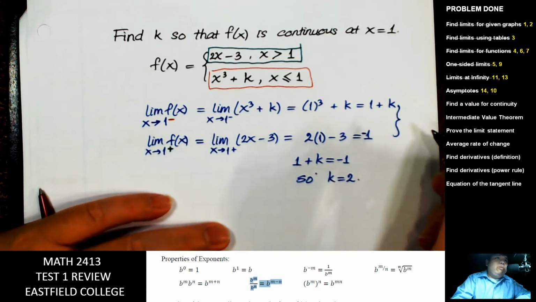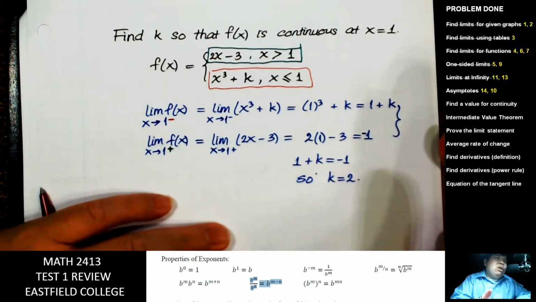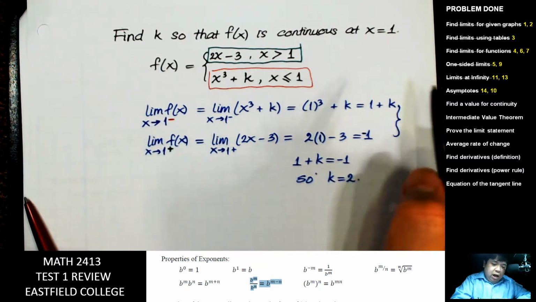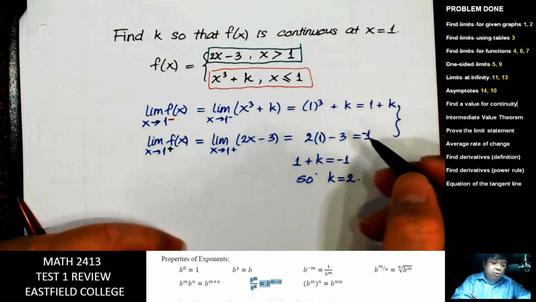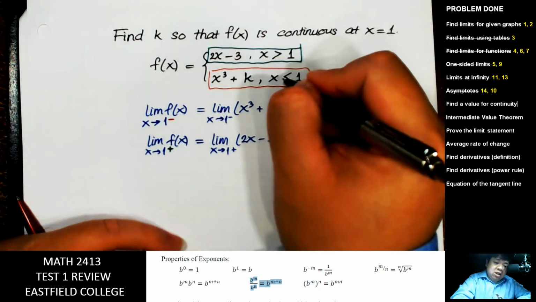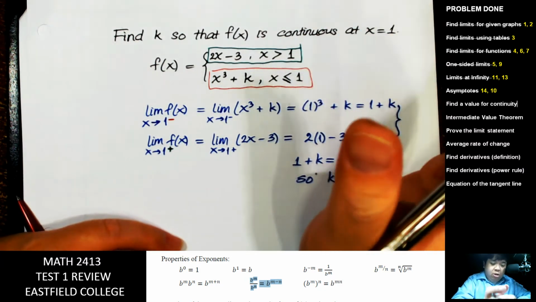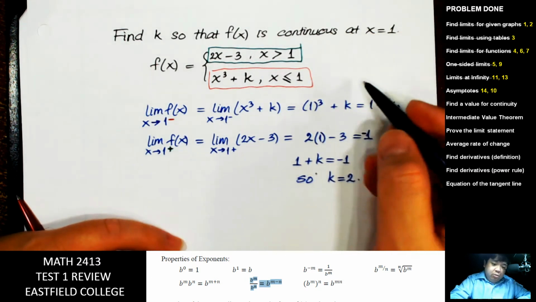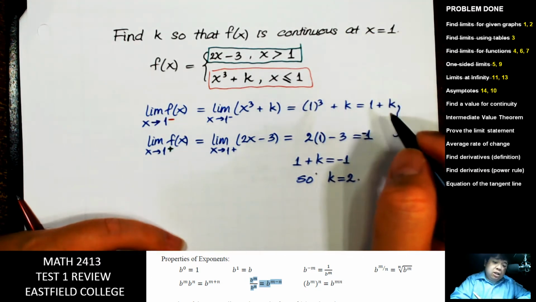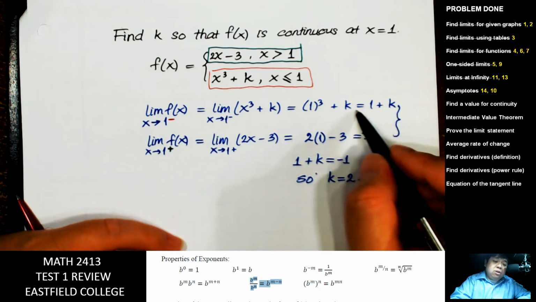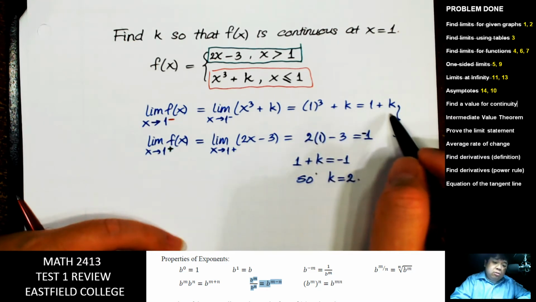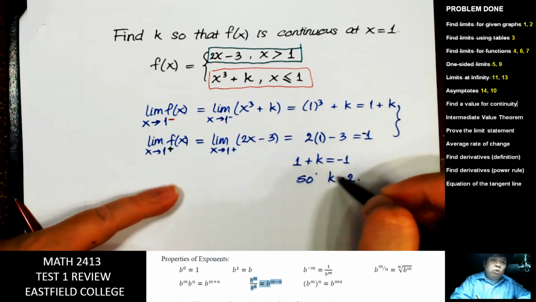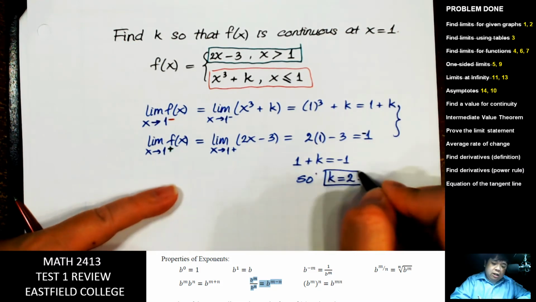Of course we still probably will need to show that it is continuous, but in terms of finding k, the function is defined when x equals 1. So all we need is to make sure the limit exists, so the left side limit and the right side limit are equal, and we solve for k. That is that.